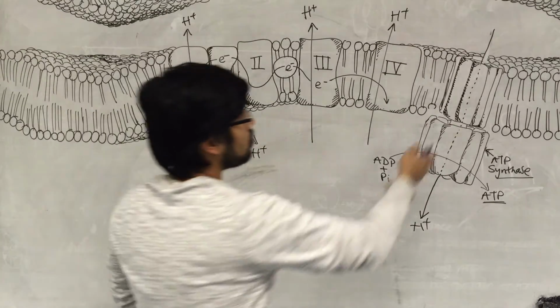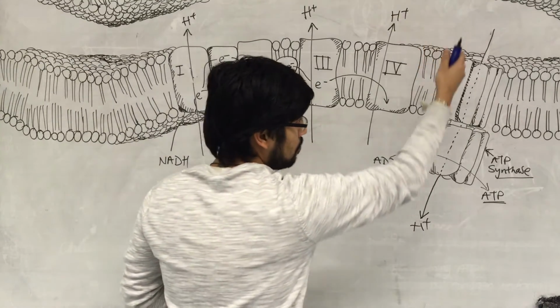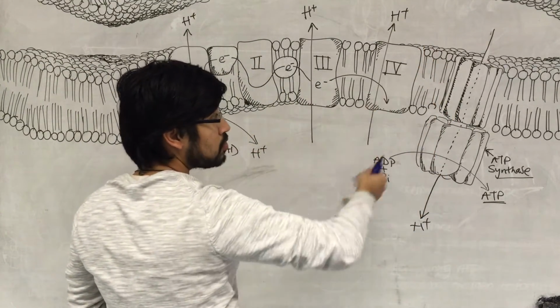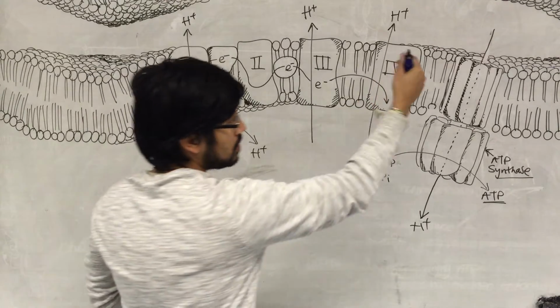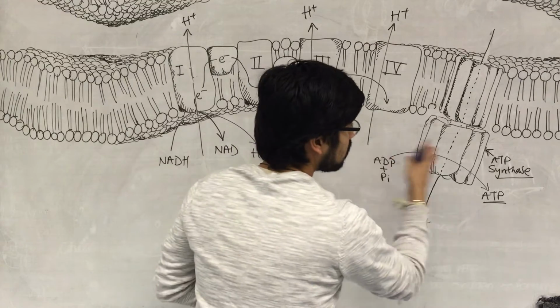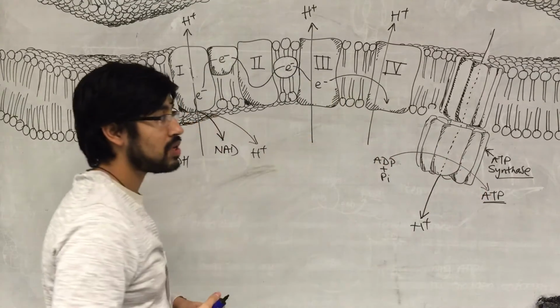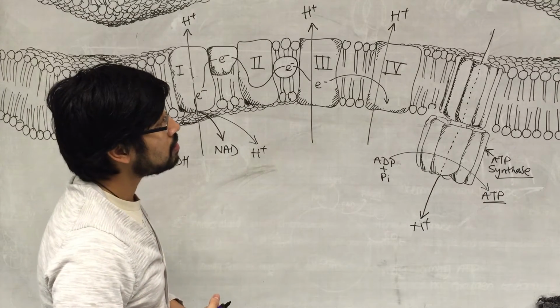Okay? So the proton moves through the ATP synthase, and that movement, that proton motive force, drives the ATP synthase to phosphorylate ADP to ATP. Okay?